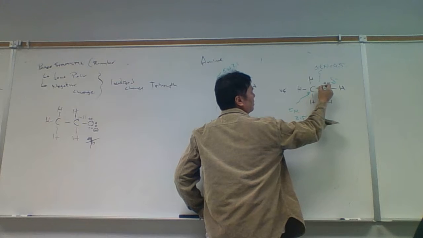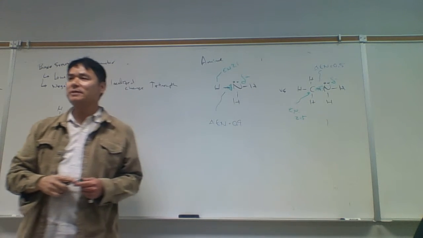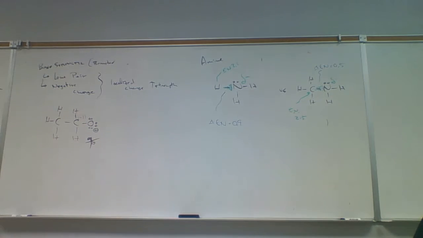Carbon's a little stronger, so nitrogen doesn't build up as big of a cloud. Does that make sense? So we use this kind of argument here, but let's take a look at the numbers. Would you say that sounds good to you? Or do you have a differing view?